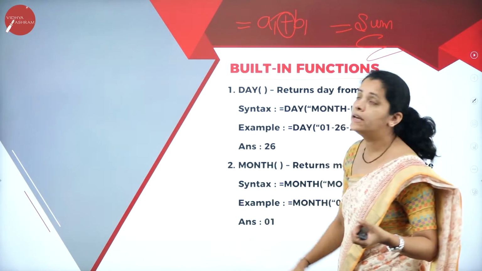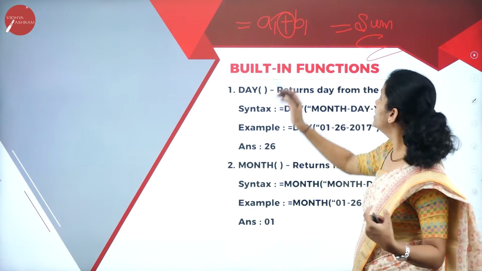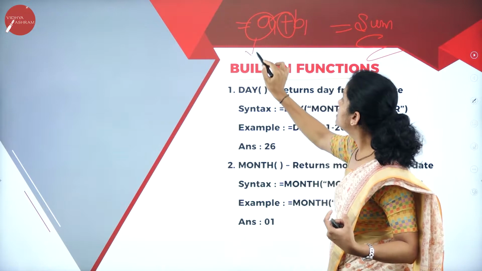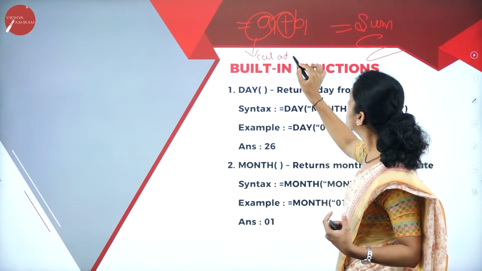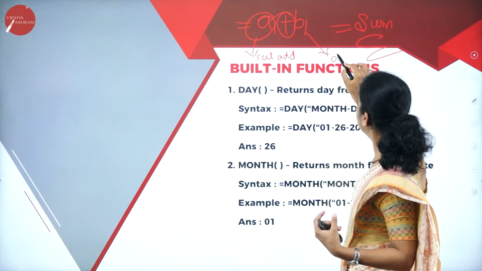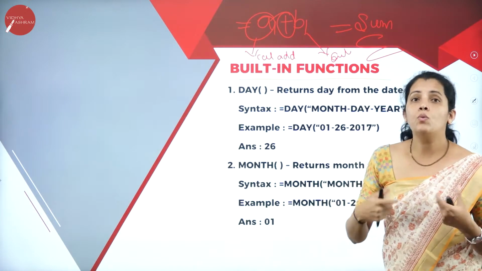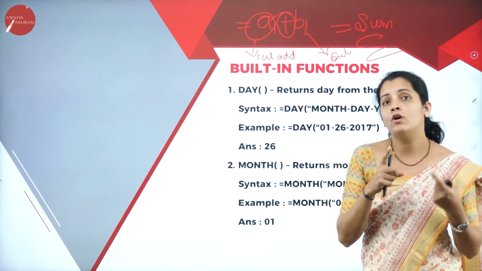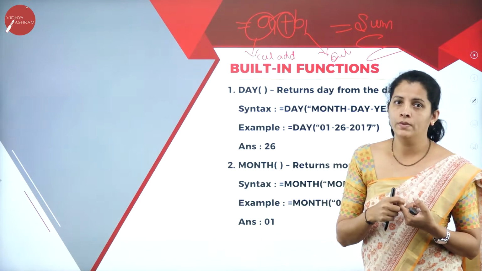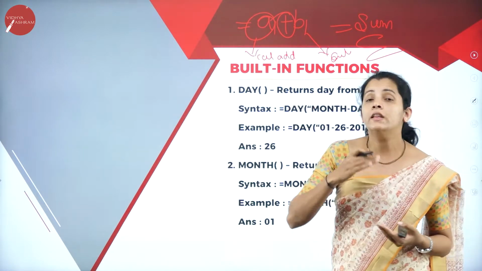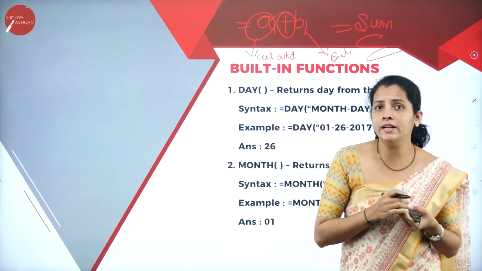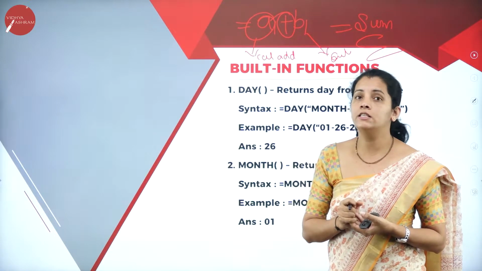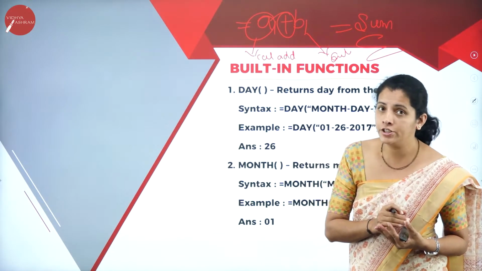I'm going to place the operator in between A and B. So here this is nothing but the cell address, and this is also nothing but the cell address. So what is cell? Here cell is nothing but the intersection of column as well as row. That is called cell. Now tell me, what are the different kinds of built-in functions supported by the Excel sheet? That is nothing but the spreadsheet.